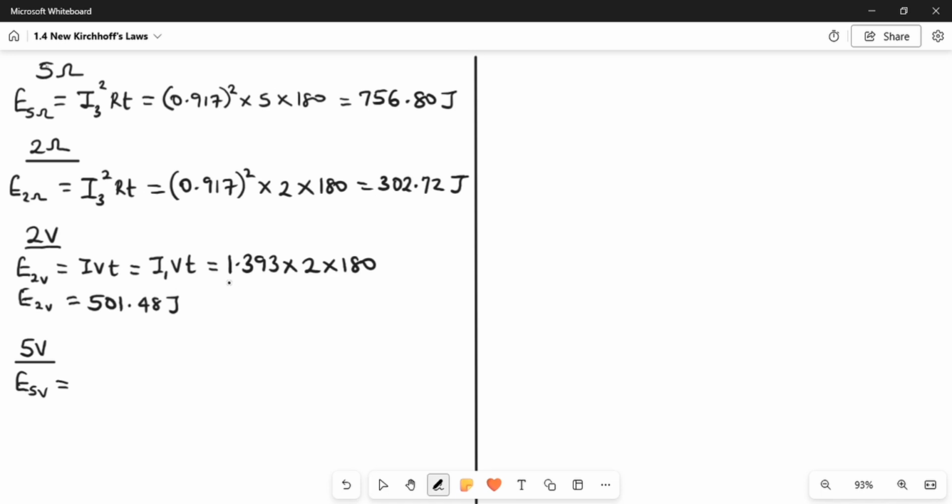So we say I2 times VT, which is I2 is 0.476 ampere times V, which is 5, times T, which is 180 seconds, and that gives us 428.40 joules.